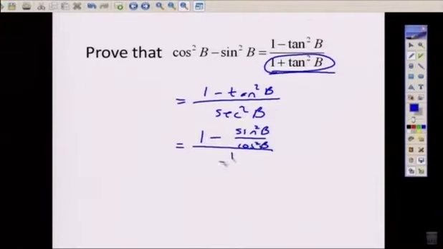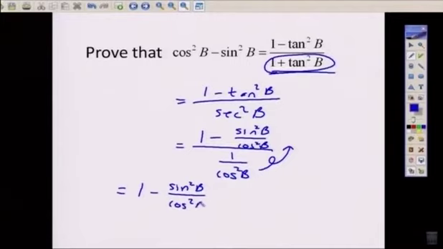And secant, I can express that as 1 over cosine, but since it's secant squared, I have to do 1 over cosine squared. And invert and multiply. So I have 1 minus sine squared b over cosine squared b. I'm going to take that whole thing and multiply it by cosine squared b over 1.